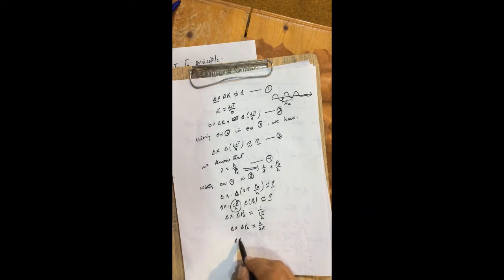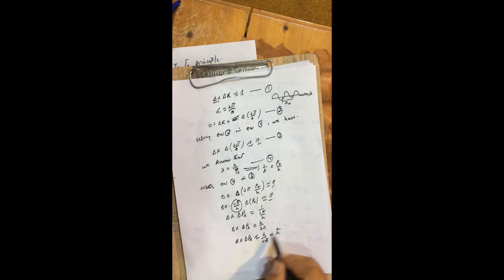So delta x, delta px is of the order of h over 2 pi. This h over 2 pi is h bar. I can say that delta x, delta px is of the order of h bar.